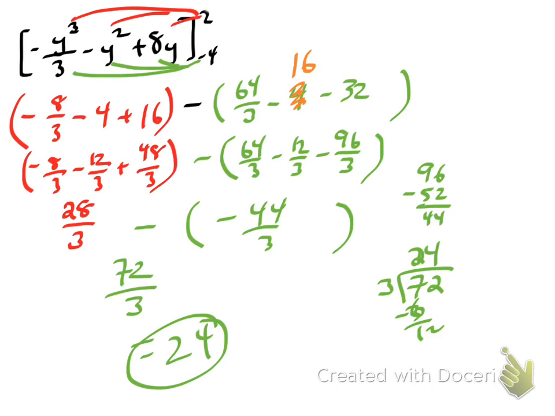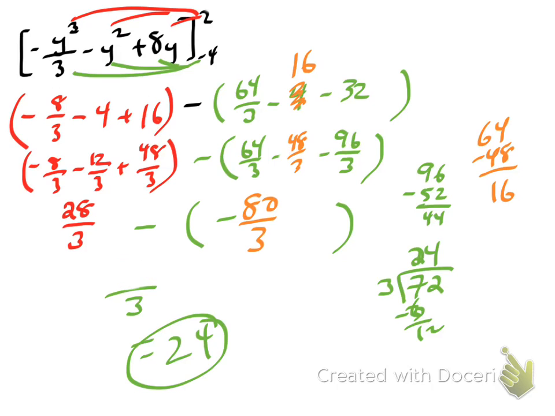Which will make this, apologies for the error, negative 48 over 3. 64 minus 48 is 16, I believe. So it's going to be 16 minus 96, which will give me negative 80 over 3, which means I'm actually adding.